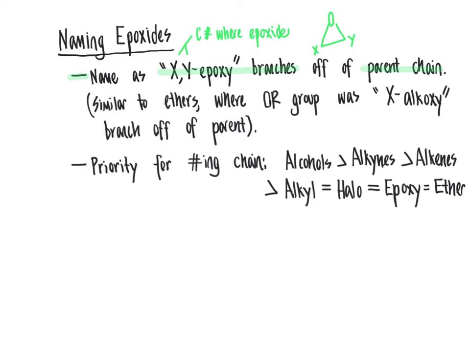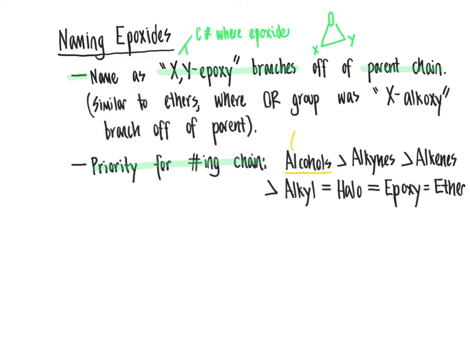When we think about how we go about numbering the carbon chain within the molecule to come up with the parent name, keep in mind the principles that we learned back in Organic 1 and a little bit earlier in Chapter 14 here, and that is that if there's an alcohol functional group, the alcohol is going to determine the directionality of numbering and what constitutes the parent chain.